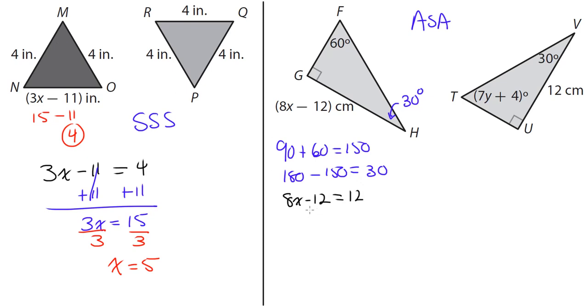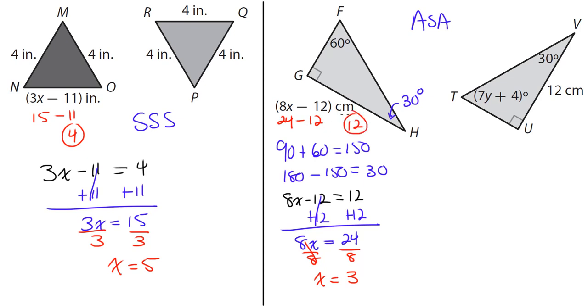Then I solve, so I'm going to add 12 to both sides. I get 8x equals 24. Divide by 8, and I get x equals 3. Now, does that work? Yes, because 8 times 3 is 24, and 24 minus 12 is 12.